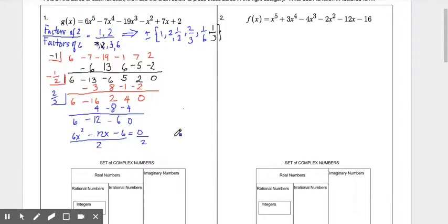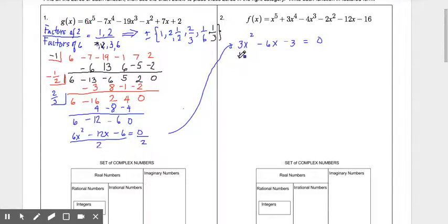So we'll have 6x squared divided by 2 is 3x squared. Negative 12x divided by 2 is negative 6x. And negative 6 divided by 2 is negative 3. And 0 over 2 is 0. So now my numbers are smaller.